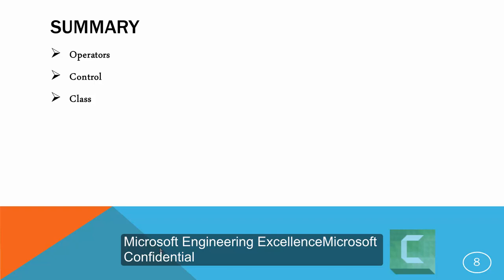Then we understood a little bit about classes, what things we can put in classes, and what kind of modifier you can use for the class, like public, abstract or final. You cannot mark an outer class as private. So these are the things we have covered.